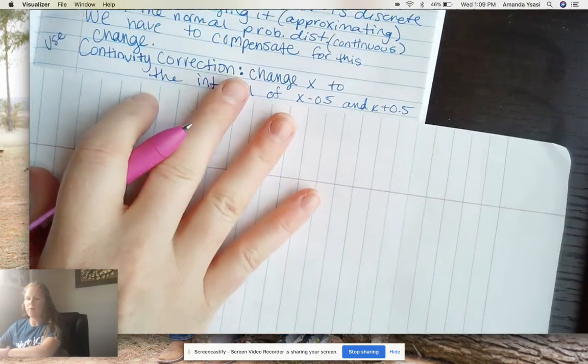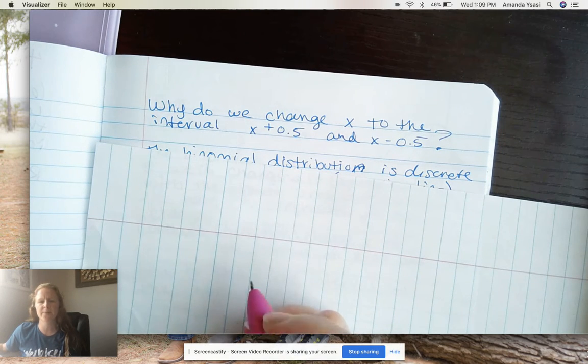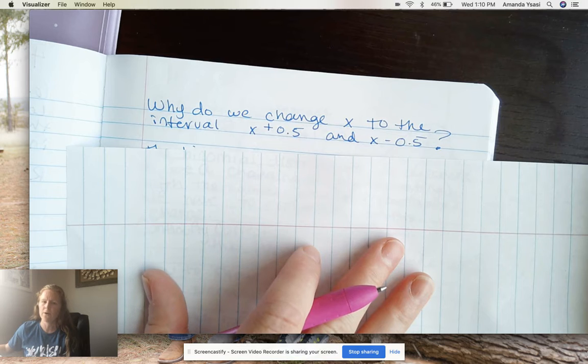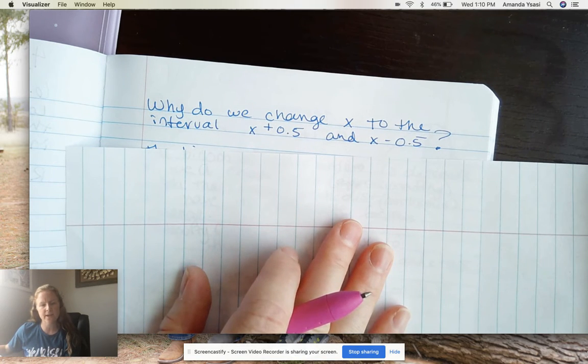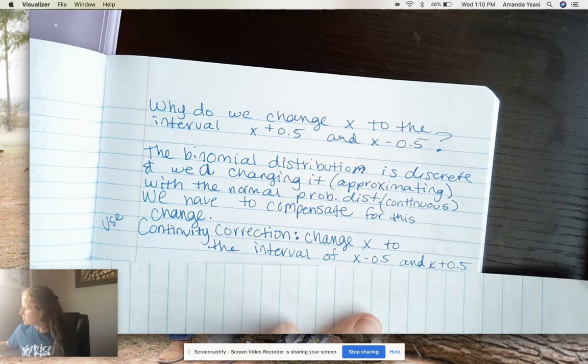We need to talk about why we change x to x plus 0.5 and x minus 0.5. The reason is because the binomial distribution is discrete, but we're approximating it with the normal distribution, which is continuous.